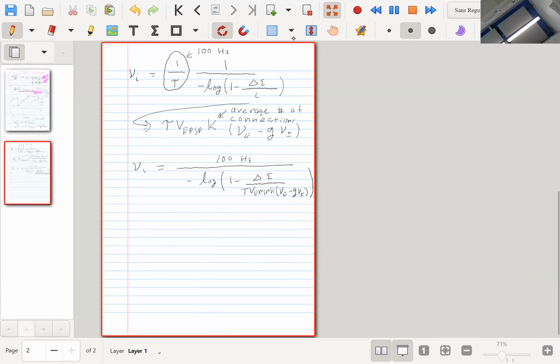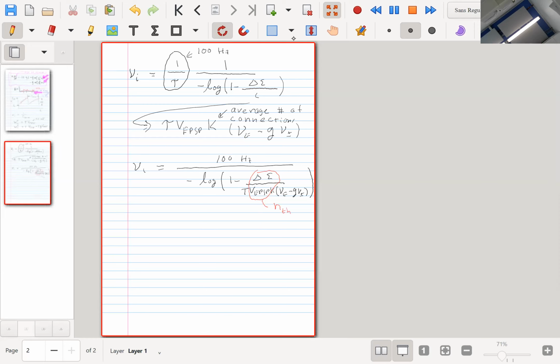We're going to define this ratio of delta E, which is in millivolts, versus V EPSP. This quantity here is N threshold.